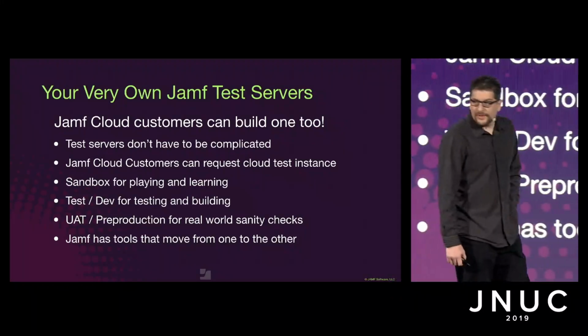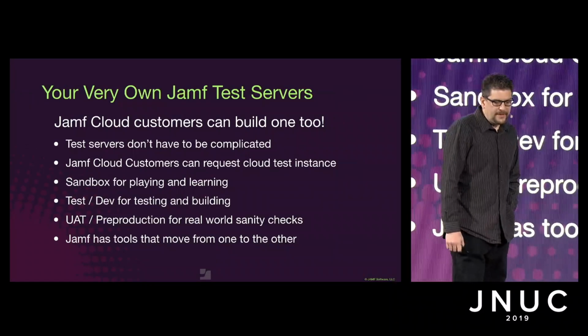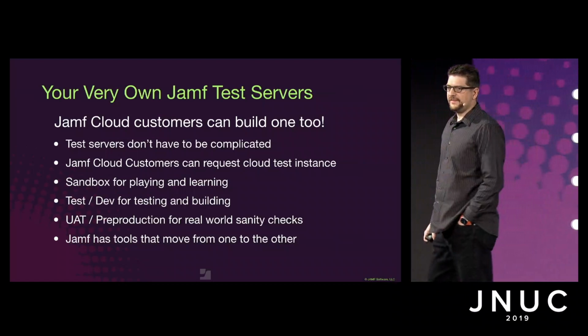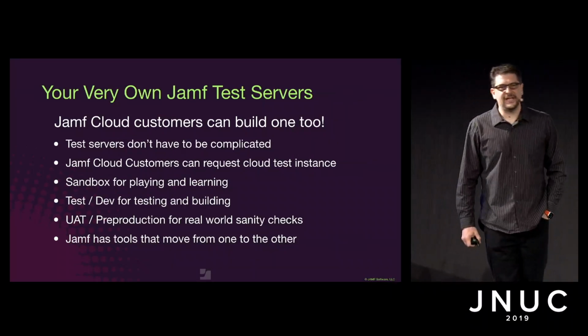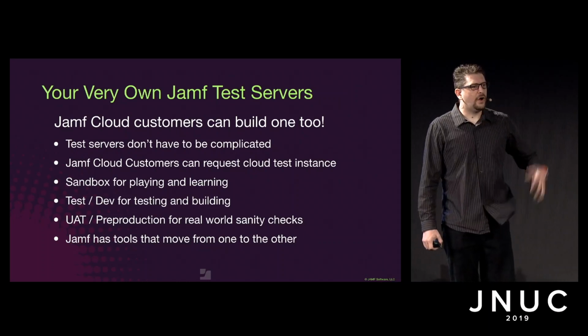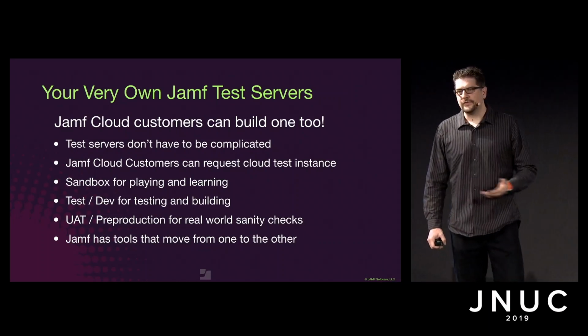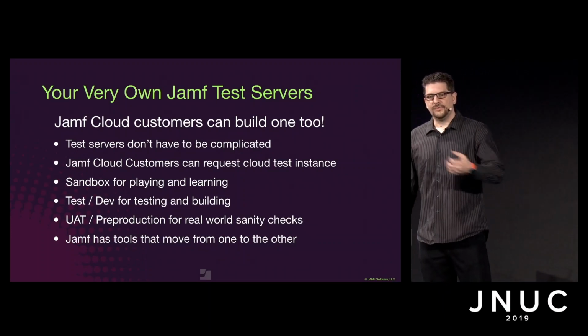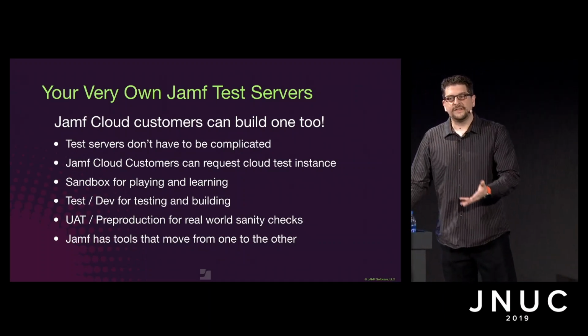And then UAT, or PreProduction, as some people call it, is really for the real-world sanity check. That's a production server that isn't in production. It should be as good as the fully fledged one with just a few devices in it. So all of the policies and all of the workflows and all of your smart groups are in there. It lets you take your workflow that you've tested and put it in there and see what breaks.